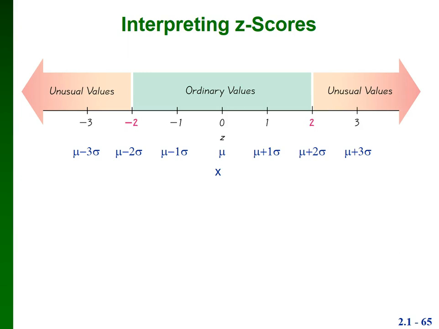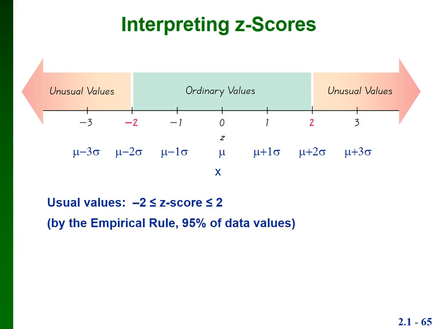Now we can also use z-scores to define ordinary or usual values and unusual values. So what we call our usual values are ones that have a z-score between -2 and +2. In other words, these values are ones that are within 2 standard deviations of the mean. The empirical rule tells us that approximately 95% of the data values are in this range if we have a bell-shaped distribution.